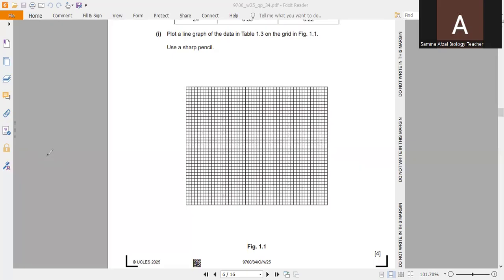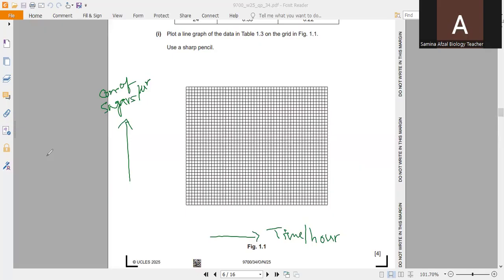On the y-axis, you will choose the dependent variables, which are concentration of sugars in micromoles.